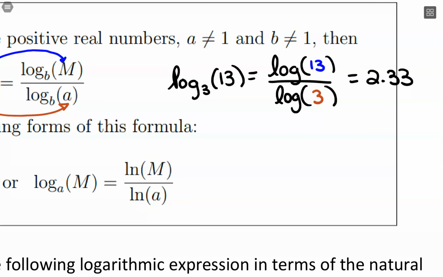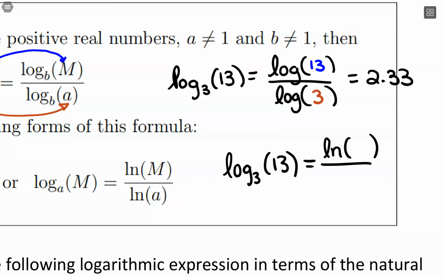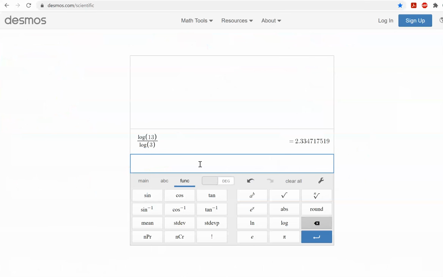So what that would look like is log base 3 of 13, and I'm changing it to log base e, so my natural log over natural log, with the value in the numerator and the base in the denominator. It's the same setup as above, I'm just using base e instead of base 10. So let's see what happens when I do that.